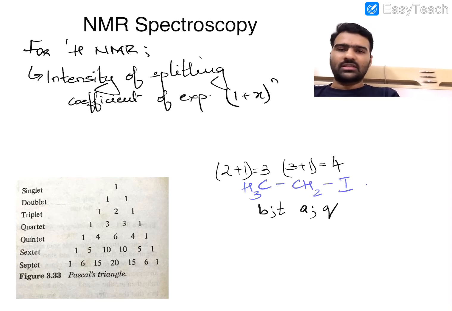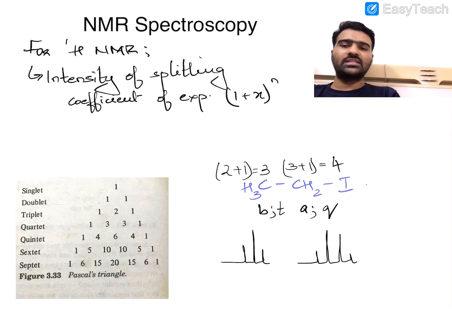Okay, what we also came across in the previous slide was that the splitting into a triplet or into a quartet does not happen with each of these individual peaklets having the same heights, as the number of spin states representing each of these peaklets are not the same in number. And if they are not the same in number, they don't record the same intensity on the NMR spectrum.